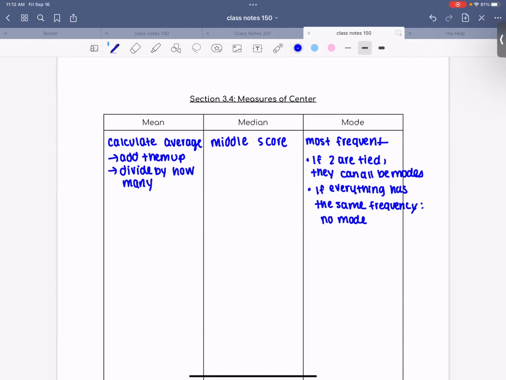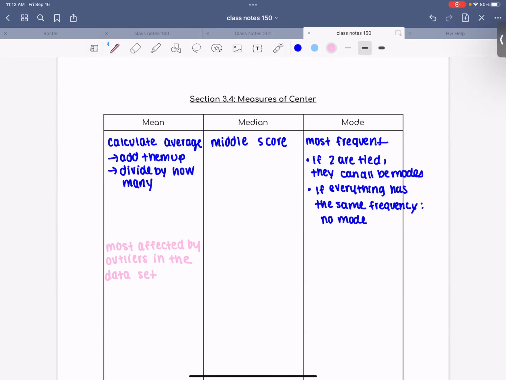Yeah, perfect. So let me write this one down here. Most affected by outliers in the data set.